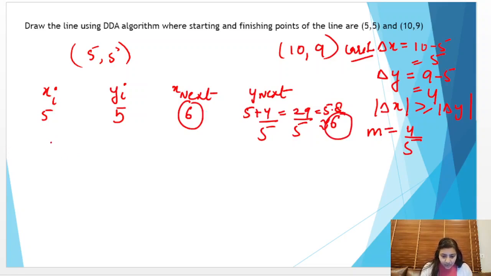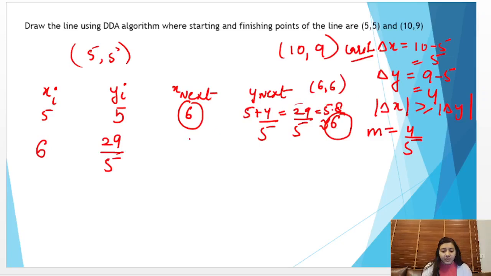Now we will calculate the next pixel. Next xi is 6. Now in order to calculate the next pixel, हम जब pixel को plot करेंगे at that time we will take this integral value, that is 6. But in order to determine the next pixel, we will not take the rounded value, we will take the original value. So the original value of y before rounding it off is 29 by 5.